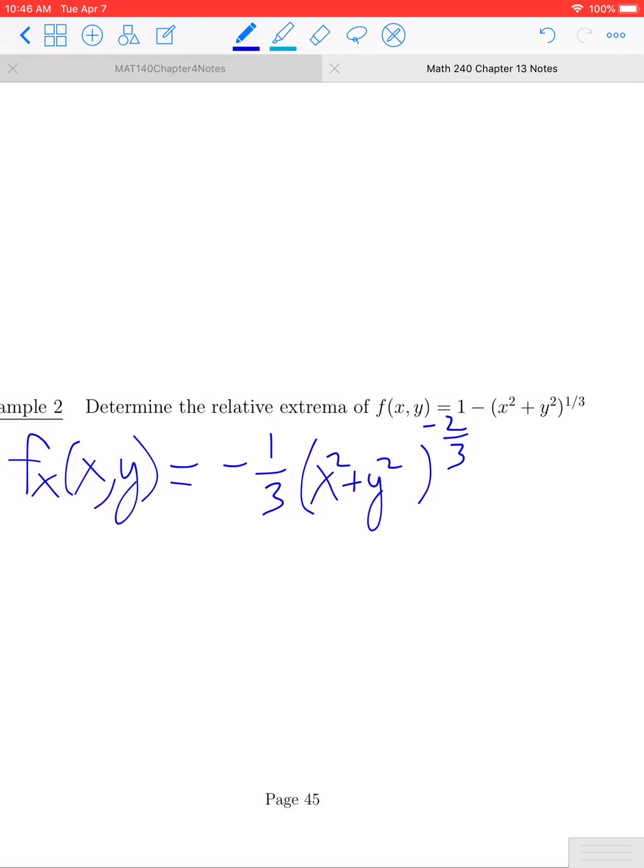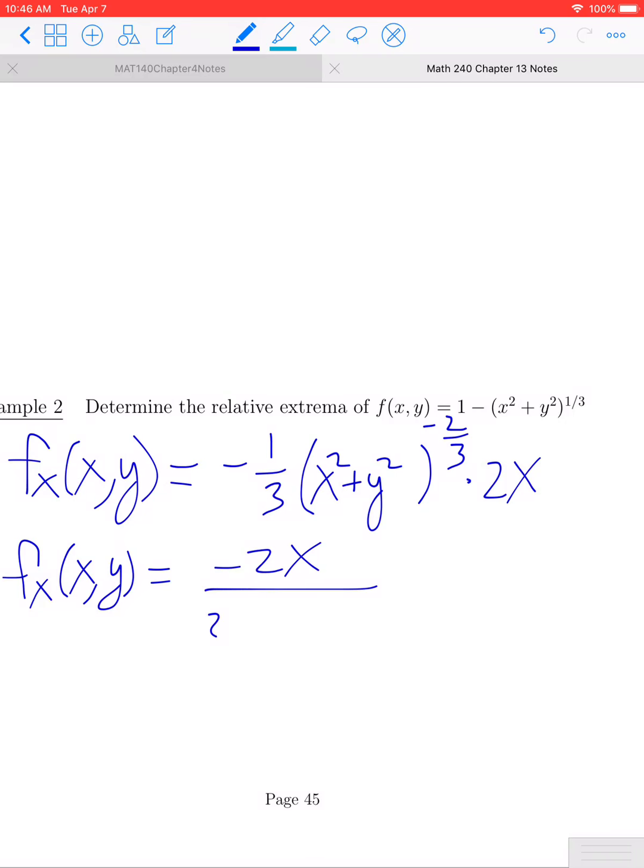And then from the chain rule, we need to multiply by the derivative of the inside function with respect to the x variable, and that should be equal to 2x. So fx of x comma y is going to be equal to negative 2x all over 3 times the quantity x squared plus y squared raised to the 2/3 power.